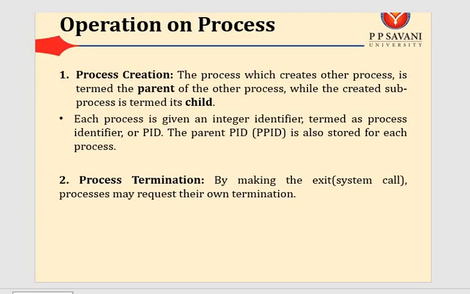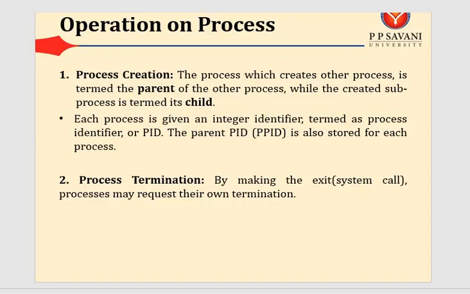Now another point, that is the operations on a process. That means how many operations are performed on a process. First, that is process creation. The process which creates another process is termed the parent of the other process, while the created subprocess is termed its child.